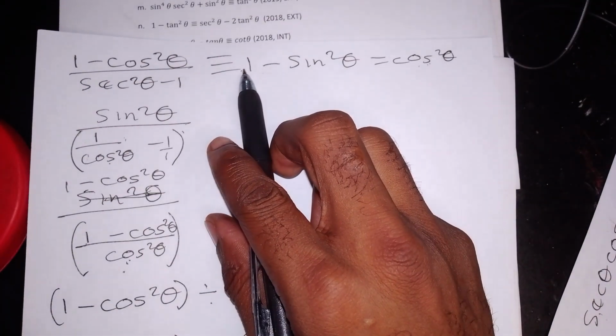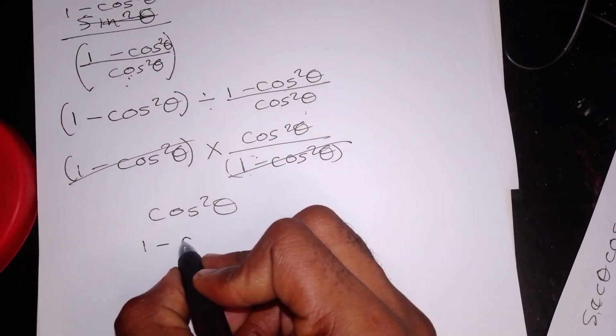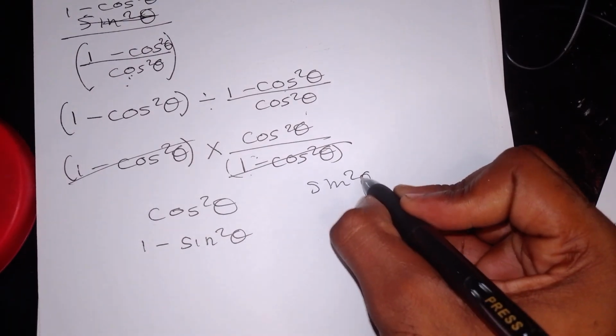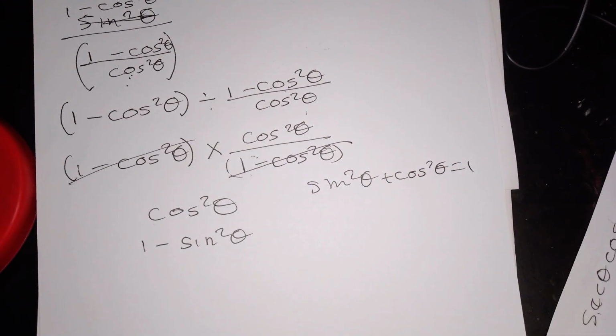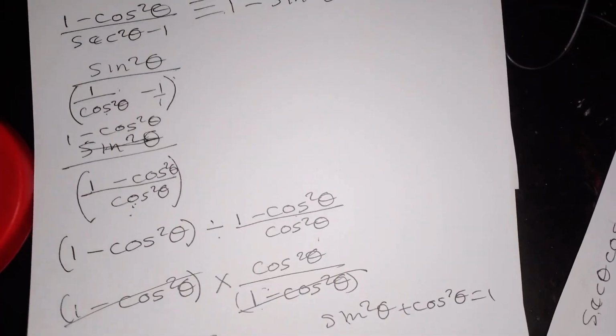But because we want 1 minus sine squared theta, we can change this to 1 minus sine squared theta using the first identity. This, where when you take this one to the other side. Okay, so we're done there.